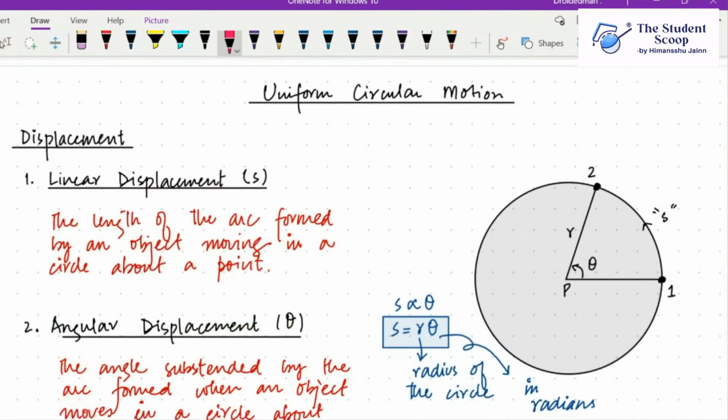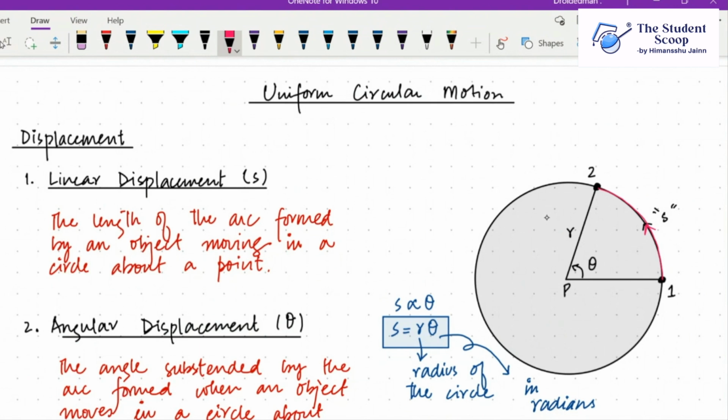We know what a linear displacement is, but in the case of circular motion, if I want to define a displacement along a circular path, then this is the length of an arc, and if I take this length, this will be a linear displacement.